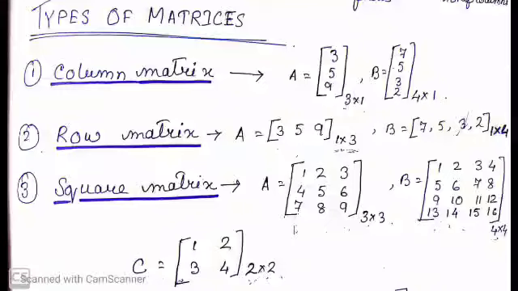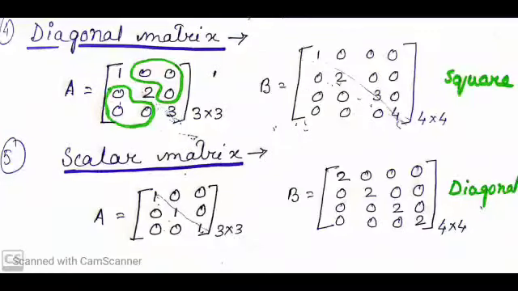The next one we have diagonal matrix. What is diagonal matrix? Diagonal matrix is that matrix where the non-diagonal elements are 0 and the diagonal elements are not 0. So what are the diagonal elements here? See, in the first example of matrix A, I have marked the non-diagonal elements, and I have the diagonal elements 1, 2 and 3.